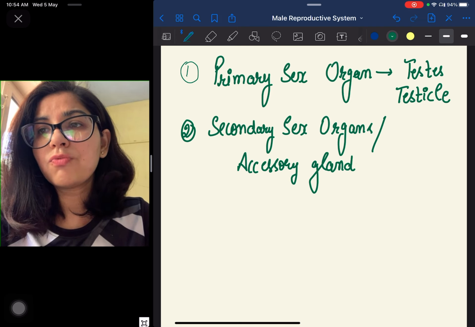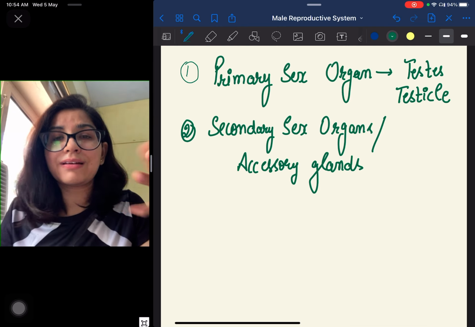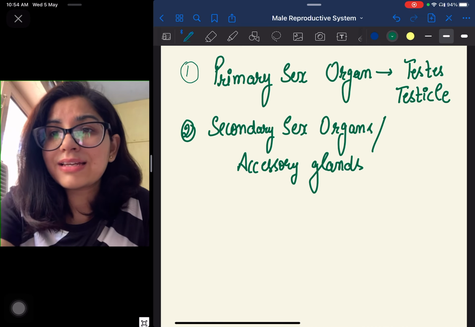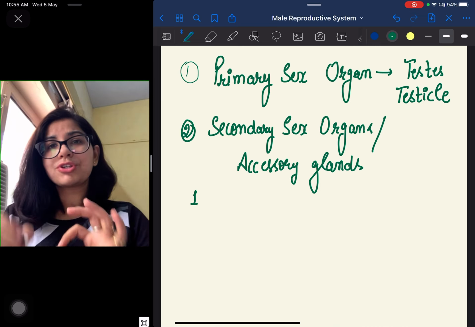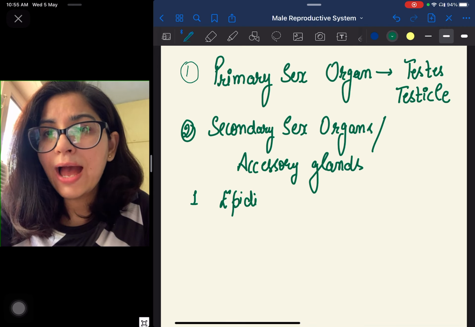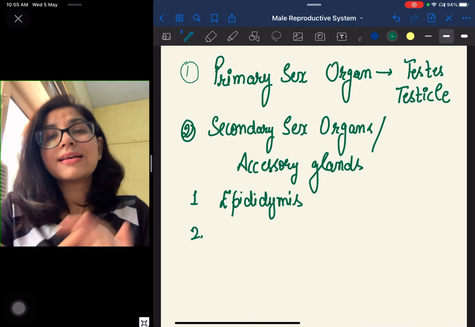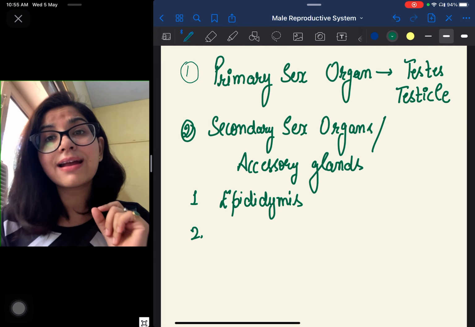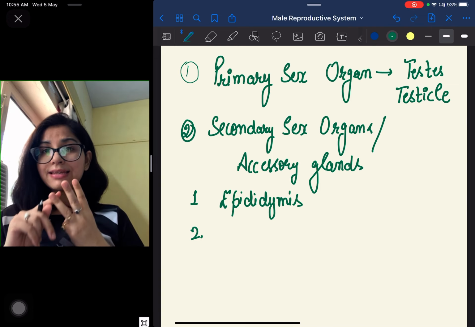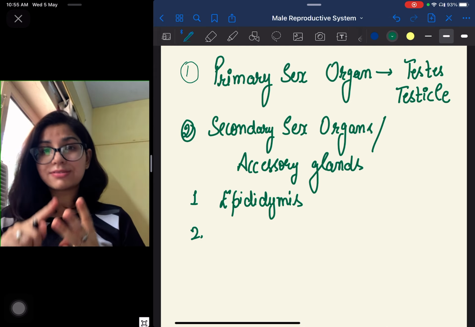Basically these are the things which are helping the primary sex organ, right? And the first thing here we draw is the epididymis. Okay, bacho? Epididymis, very, very important to mark. Second, there are the glands. Always be careful that these three glands should be in your diagram.